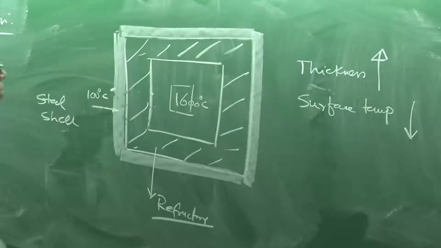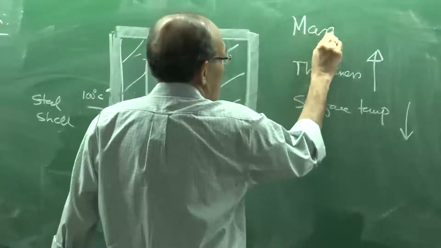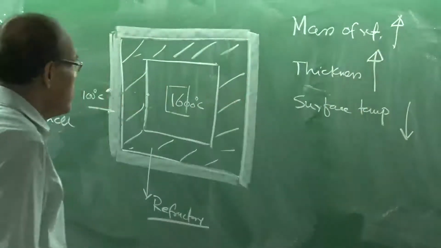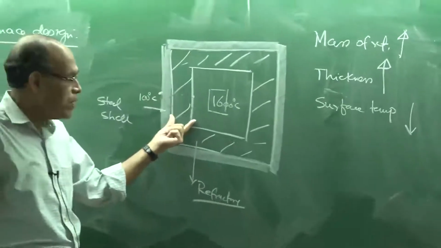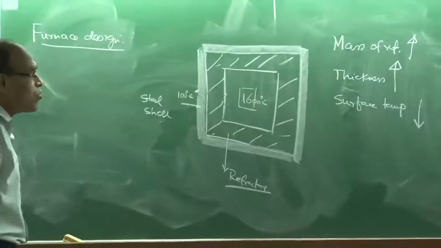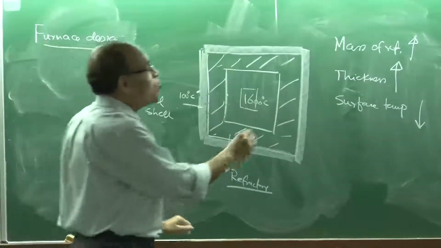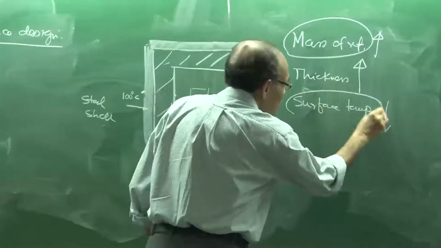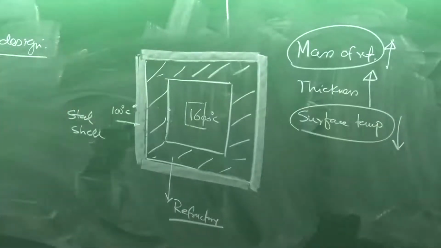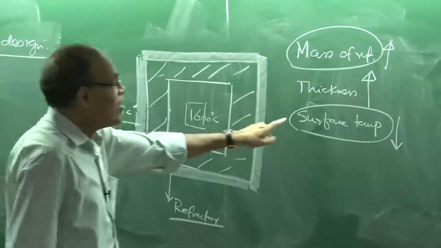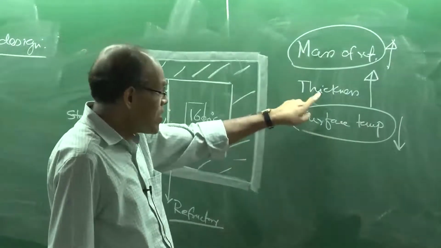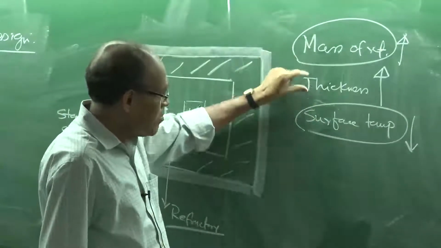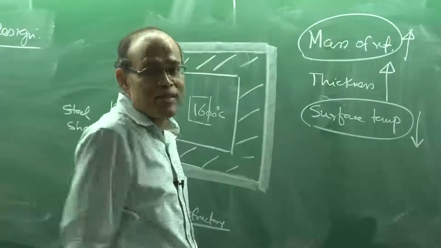So the mass of refractory going up essentially means the thickness is going up and the surface temperature is going down. So I want to have a lesser amount of mass, and I also want a lower surface temperature. While the surface temperature is inversely related to thickness, the thickness is directly related to the mass of the brick.